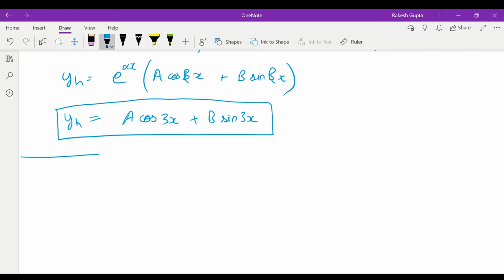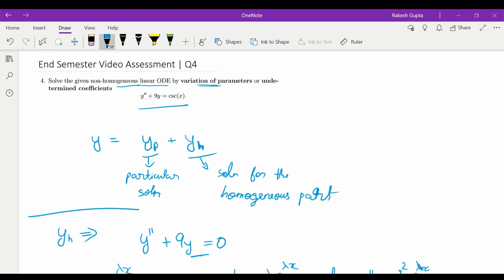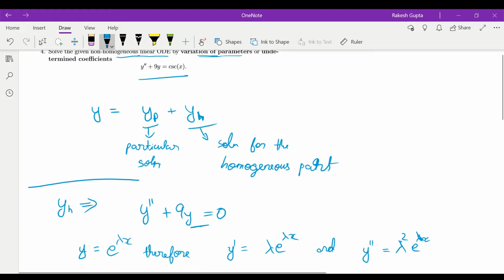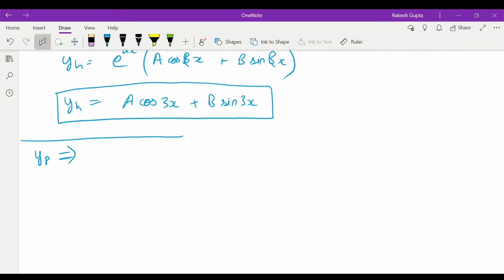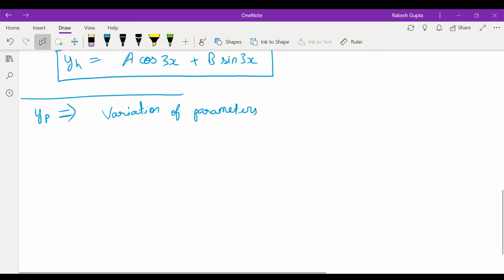Now we will have to solve for the particular solution. In the question, it has been mentioned that we are supposed to solve using variation of parameters or undetermined coefficients. I'm going to use Lagrange's method of variation of parameters to find yp, the particular solution.